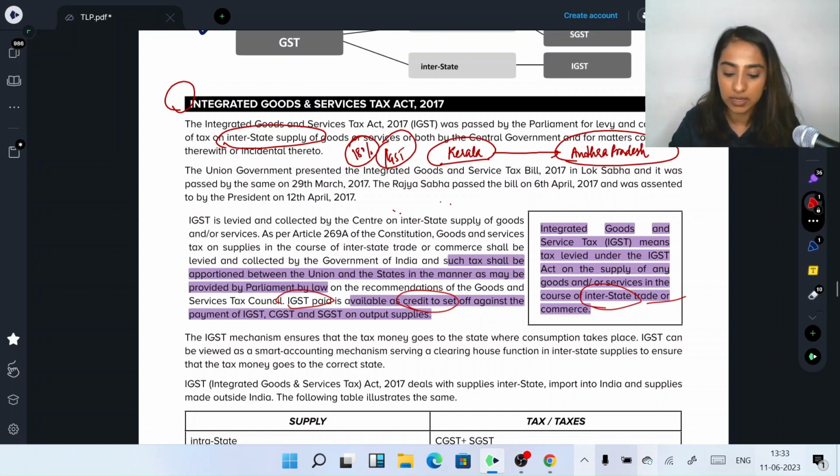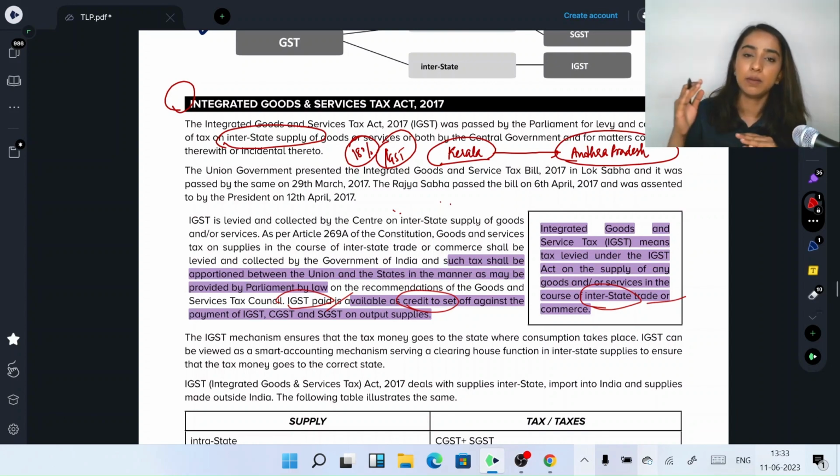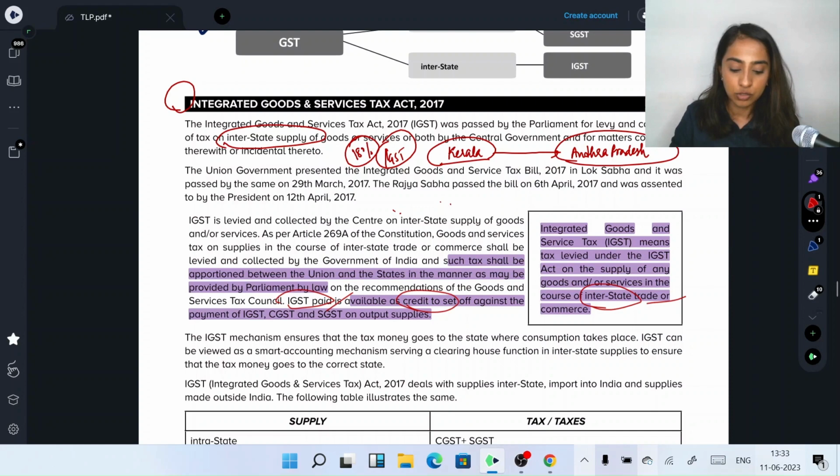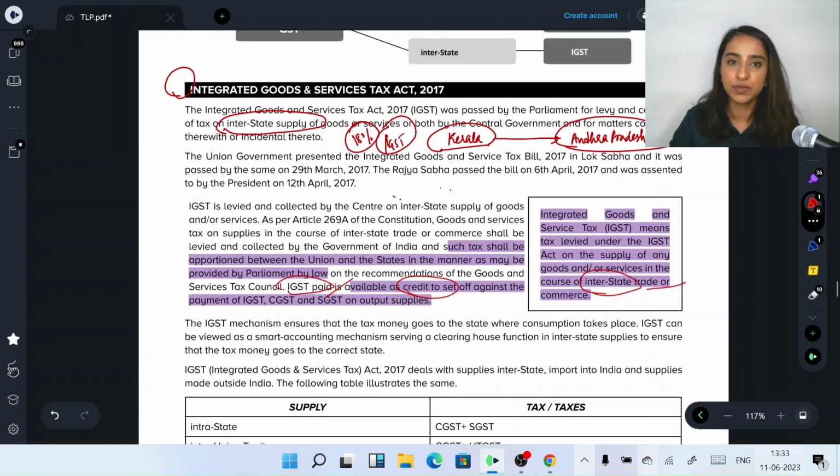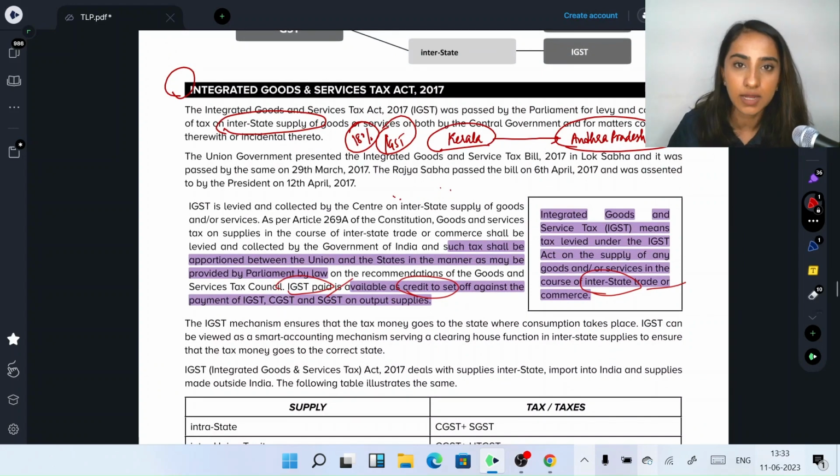If they're saying you can take credit under IGST, it means you can take credit under CGST and SGST also. The respective provisions will be applicable mutatis mutandis, which means in the same manner. So if you learn any one act, whatever we are going to be studying further, it is the same application for all the other acts as well.